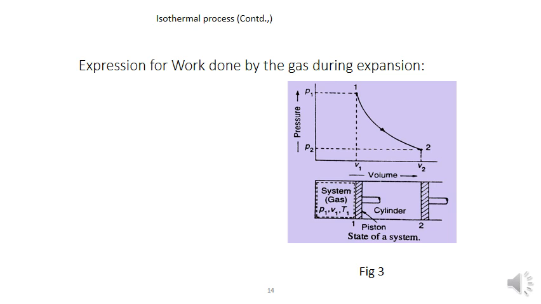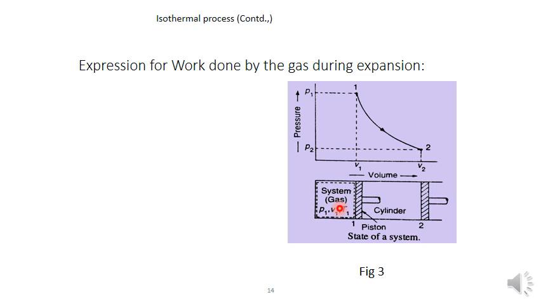If you give heat to the system, the gas is expanded, the volume increases and the pressure decreases. If you remove the heat from the system, the volume decreases and the pressure increases.